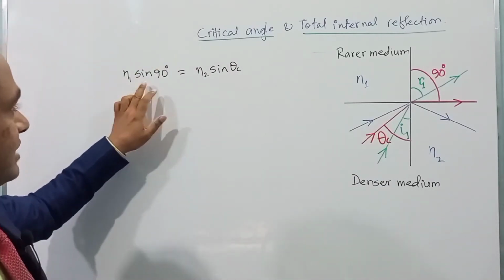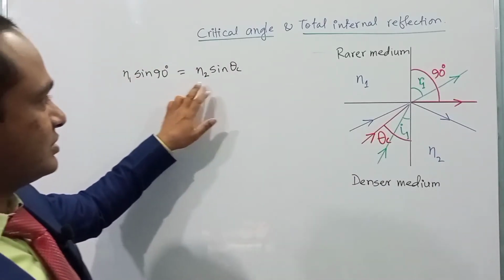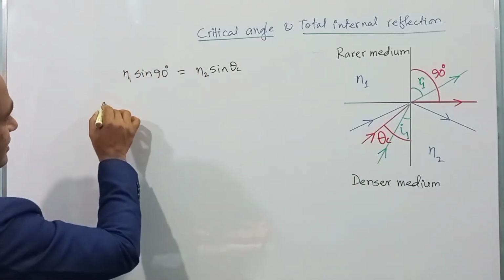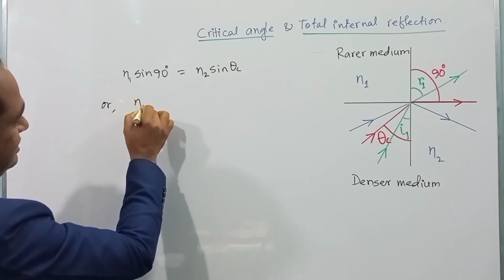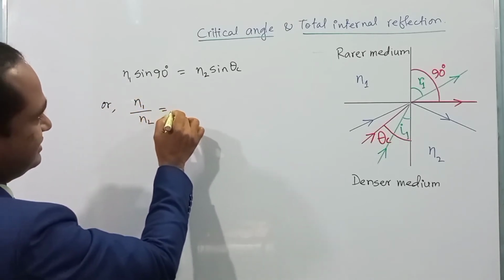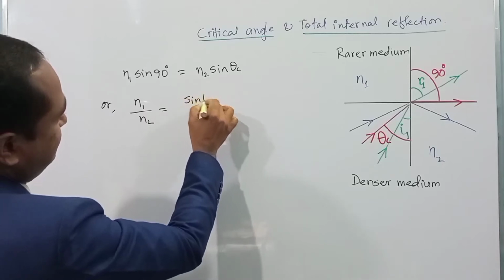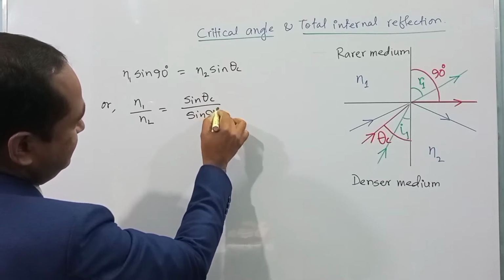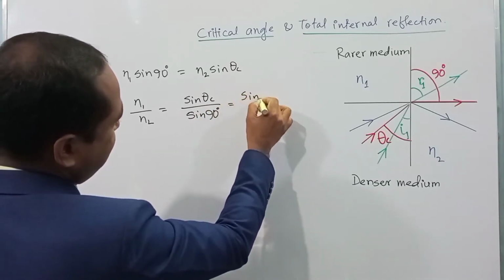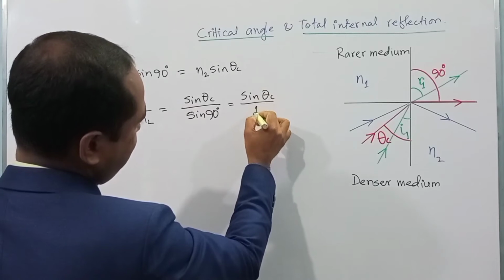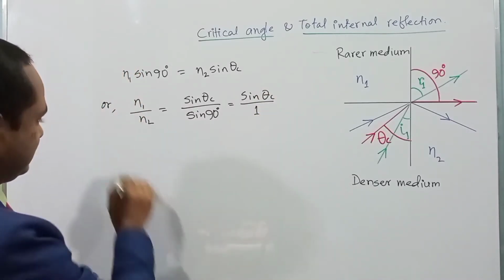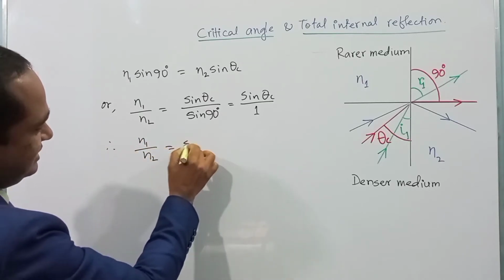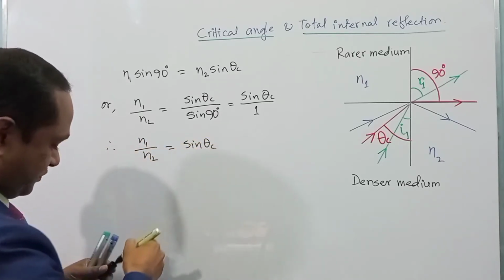So eta 1 multiplied by sine 90 degrees equals eta 2 multiplied by sine theta c. You can rearrange this equation: eta 1 by eta 2 is equal to sin theta c divided by sin 90 degrees. You know the value of sin 90 degrees is equal to 1. Therefore, eta 1 by eta 2 is equal to sin theta c.